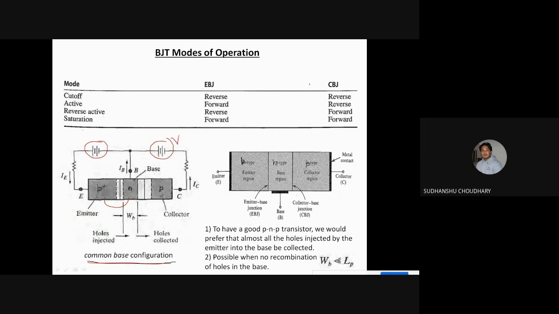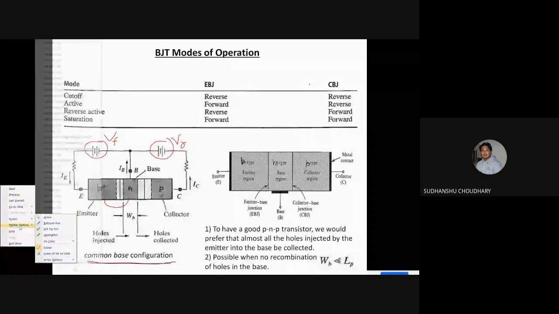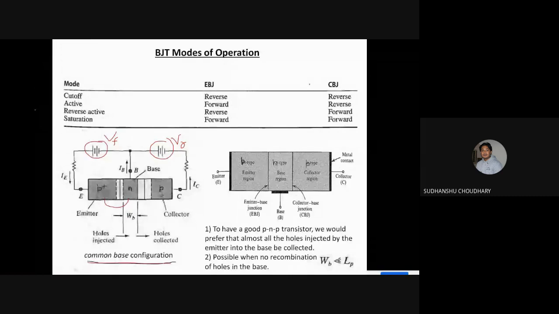This is VR, let's say, reverse bias, and this is my forward bias. That is, the emitter base junction is forward biased and the collector base junction is reverse biased. If you look at the mode of operation, this tells me that the BJT is in active mode, because the emitter base junction is forward biased and the collector base junction is reverse biased.